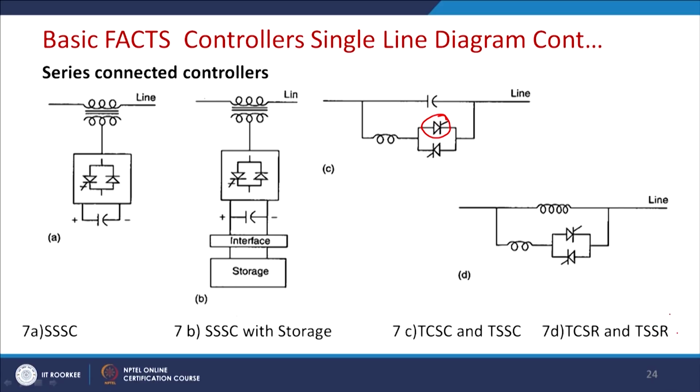Please note that the thyristor should be connected in the line where the inductor is connected. We cannot connect a thyristor in series with the capacitor. Why is it so? I leave this question to the students.